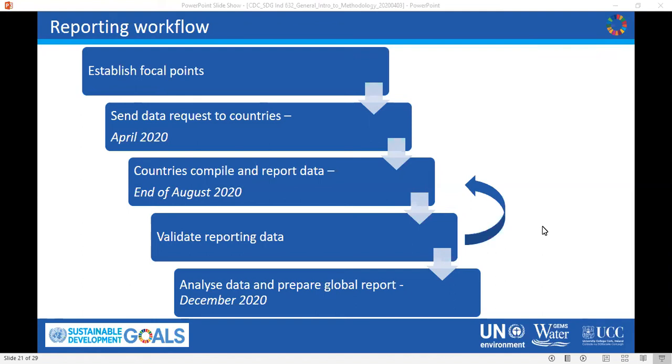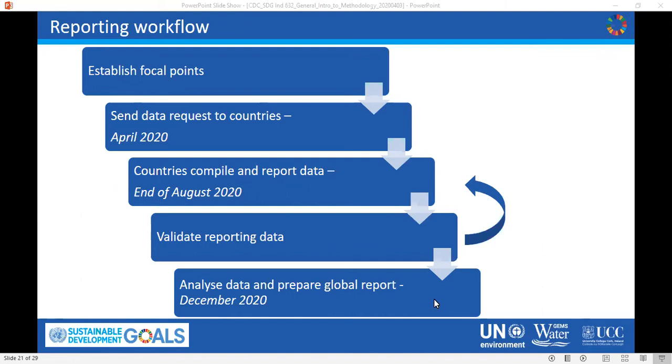Then from April until the end of August, countries are asked to compile the data and report the indicator data ultimately to us. During that time, the GEMS Water Indicator team also provides assistance to data providers in case there are any open questions regarding the methodology or the reporting process.